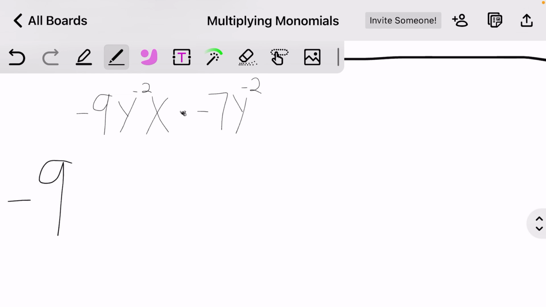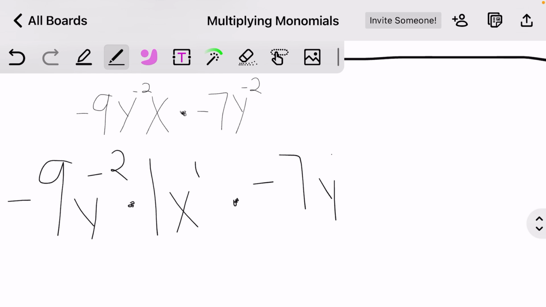It's gonna be -9y to the -2 times y to the -2 times 1x to the first times -7y times y to the -2.